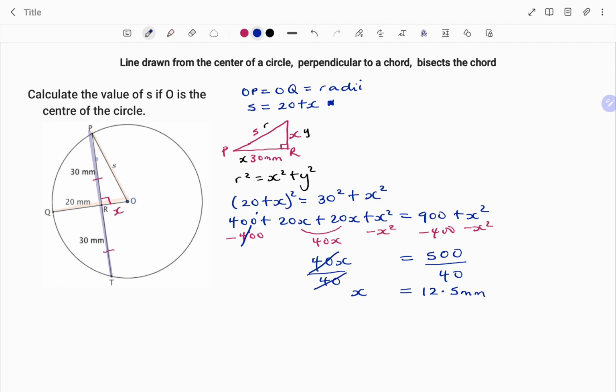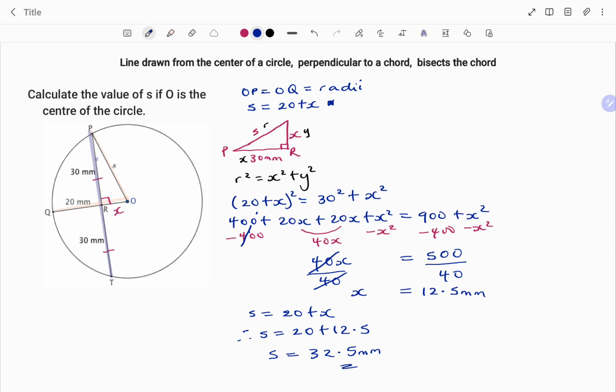Remember, the question says find the value of S, and S has been shown to be 20 plus X. Therefore, S equals 20 plus 12.5. Therefore, the value of S, which is also my radius, equals 32.5 millimeters. Always remember to include your SI unit.